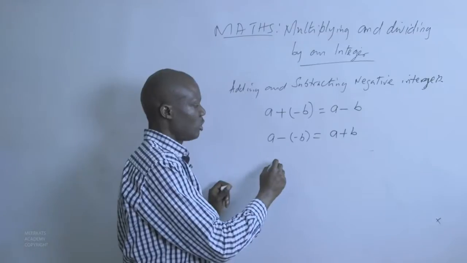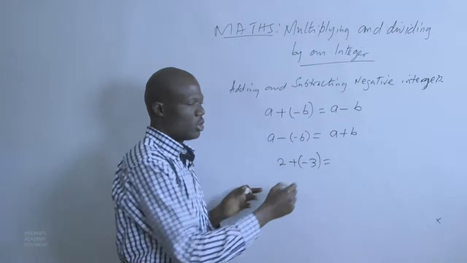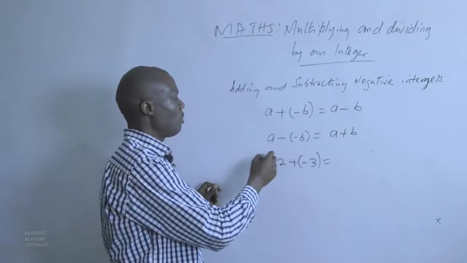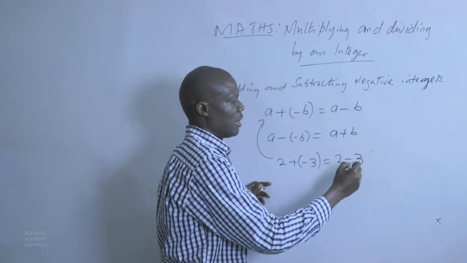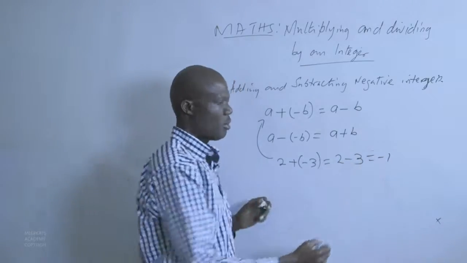Take, for example, 2 plus negative 3. Using the first principle, it will be 2 minus 3, which is negative 1.